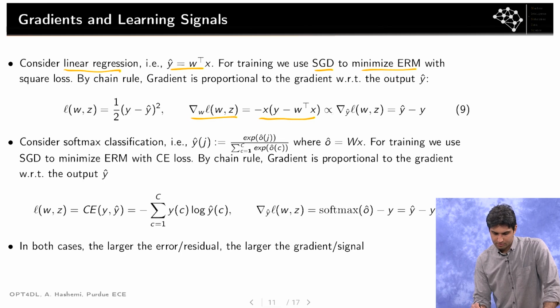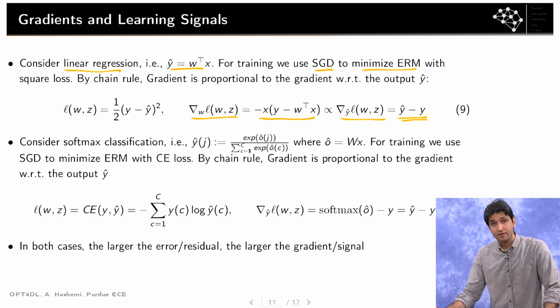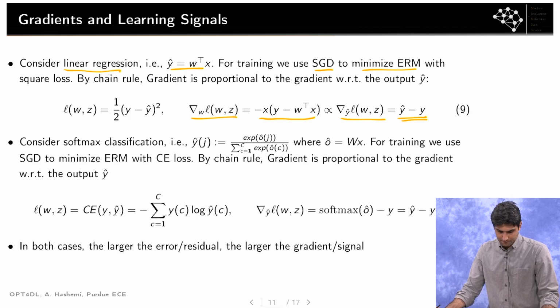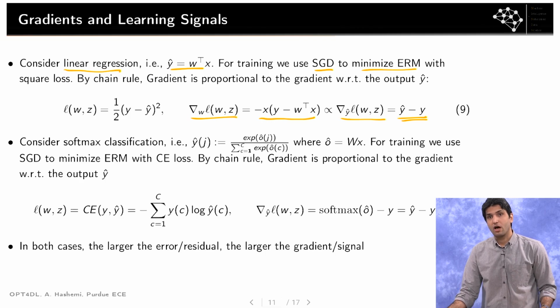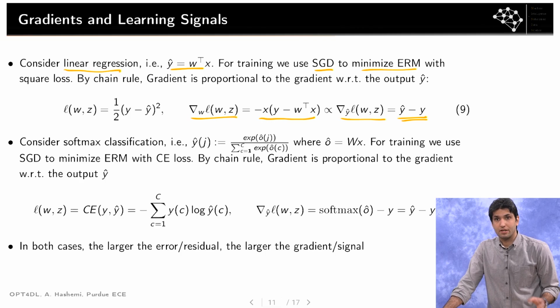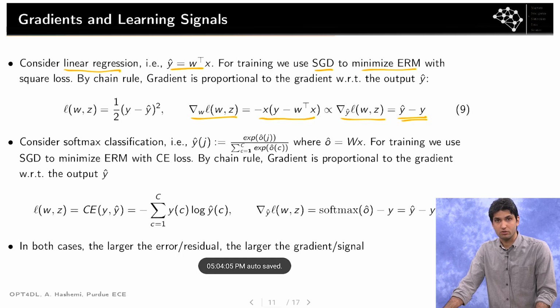Notably, by chain rule, it is proportional to the gradient of the loss with respect to the output. This is nothing but the difference between our current prediction and the true labels that we get from the training data. What this means is that, as we talked about before, the worse our prediction, the larger the gradient. Therefore, the larger the updates, and hopefully the faster we can converge to a good predictor.